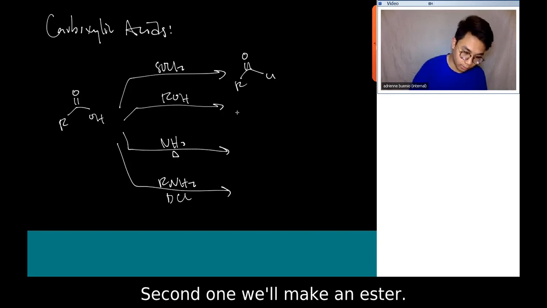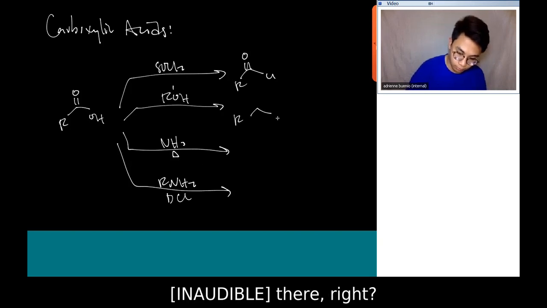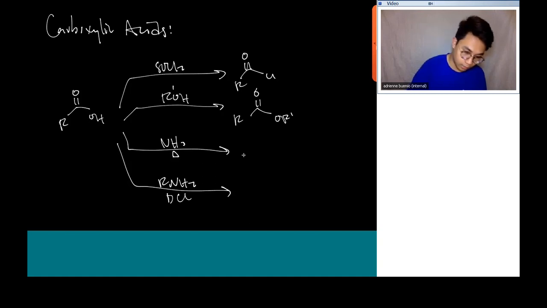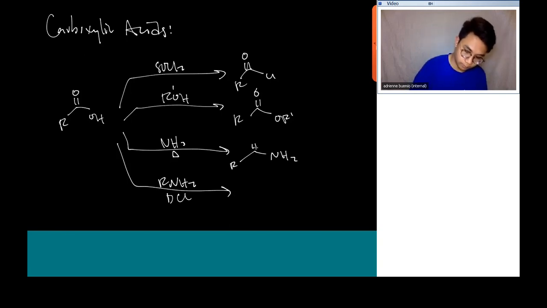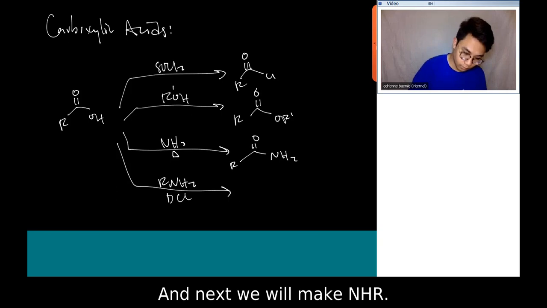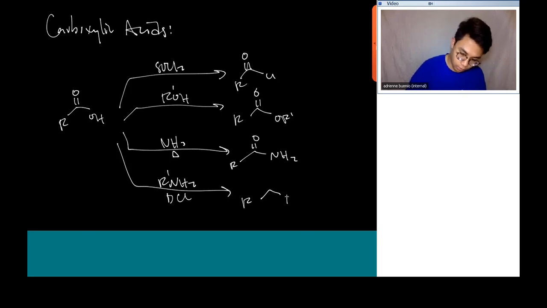Second one, we'll make an ester. And let me put it there, right? Next, we'll make an amide. And next, we'll make NHR, a secondary amide.